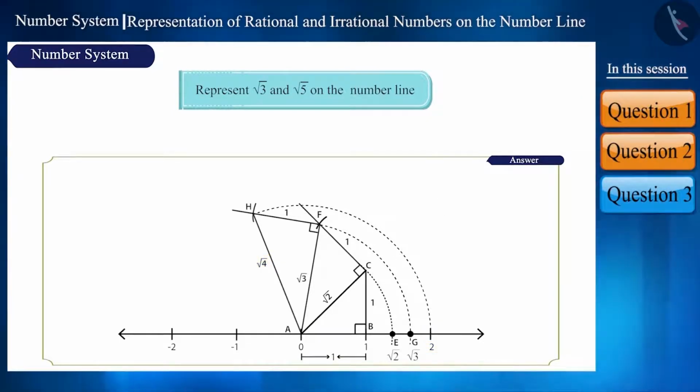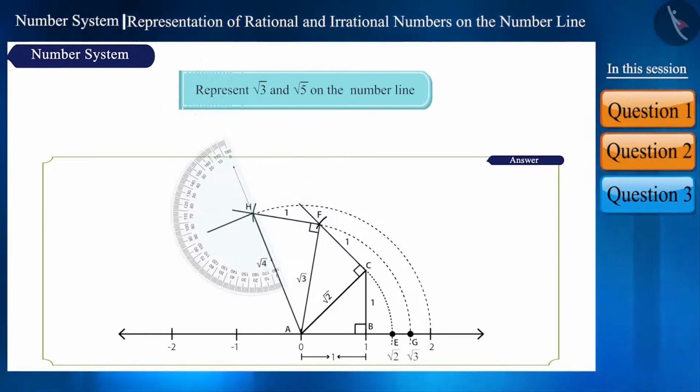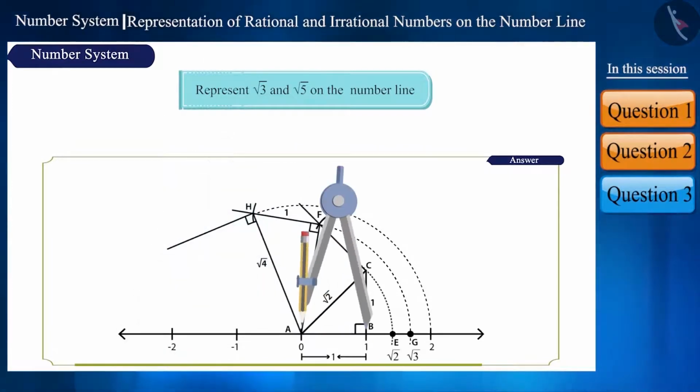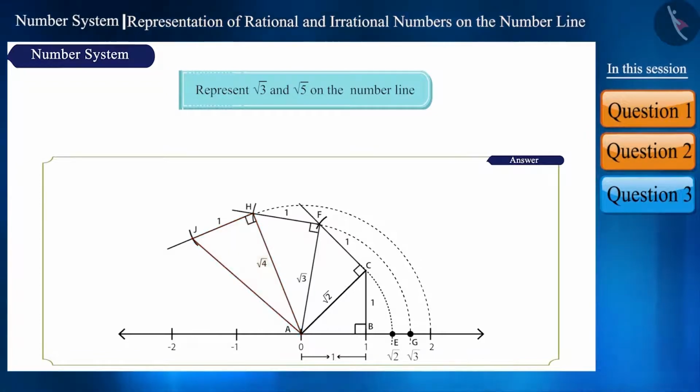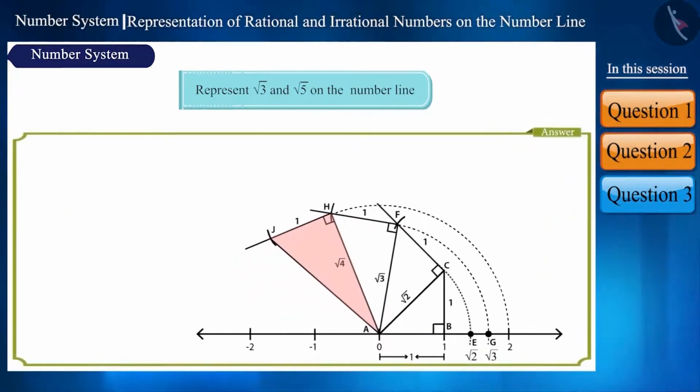Now to represent root 5 on the number line, we will draw a perpendicular on the line AH and measure a distance of 1 unit using a compass and draw an arc on the perpendicular which cuts at point J. Now, draw a line joining point A and J. We get a right angle triangle AHJ.